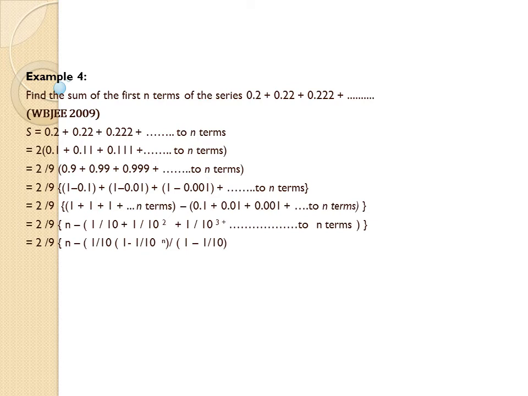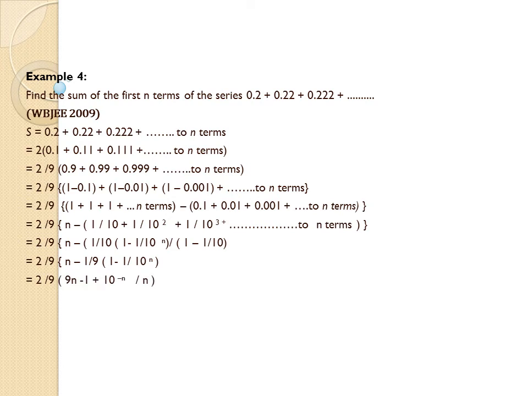So I have just taken r is 1 by 10, so 1 by 10, a means first term, 1 minus 1 by 10 whole to the power n divided by 1 minus r, that is 1 minus 1 by 10. So the simple simplification: 2 by 9, n minus 1 by 9, it is coming into 1 minus 1 by 10 to the power n.